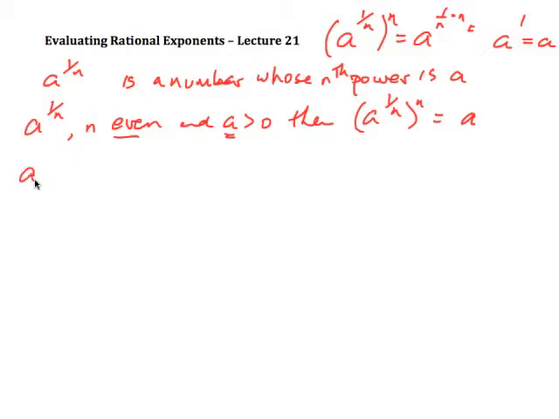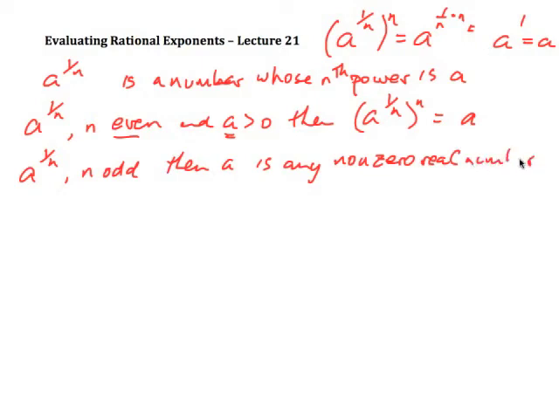So in this case, if we have a to the 1 on n and n is odd, then a can be any real number. It doesn't have to be positive like in the even case.